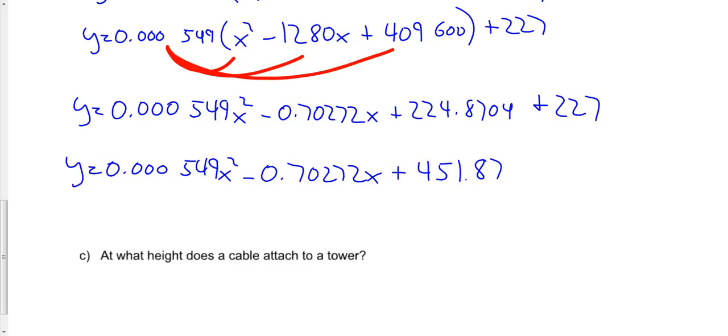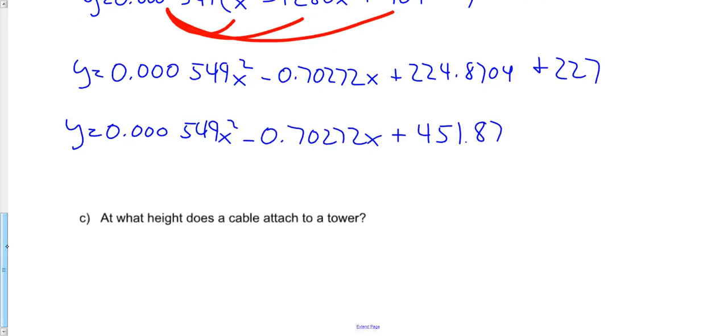So the last part of this question says, at what height does the cable actually attach to the tower? One key thing that we need to know about this is that in the equation for standard form, the c value is always the y-intercept. In other words, the c value is where it crosses the y-axis.